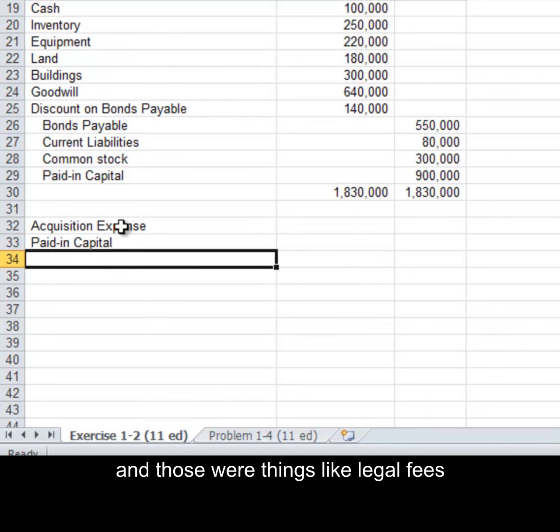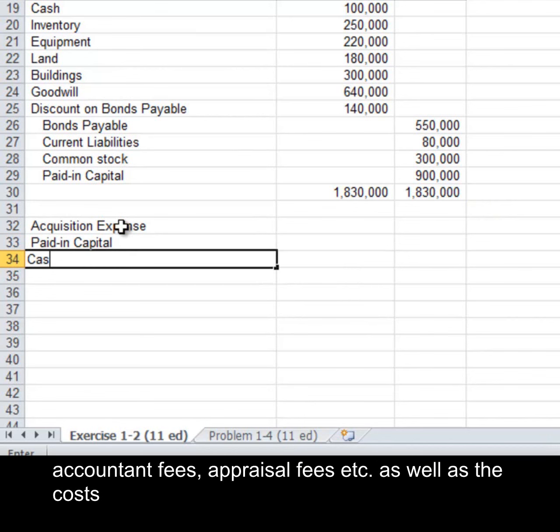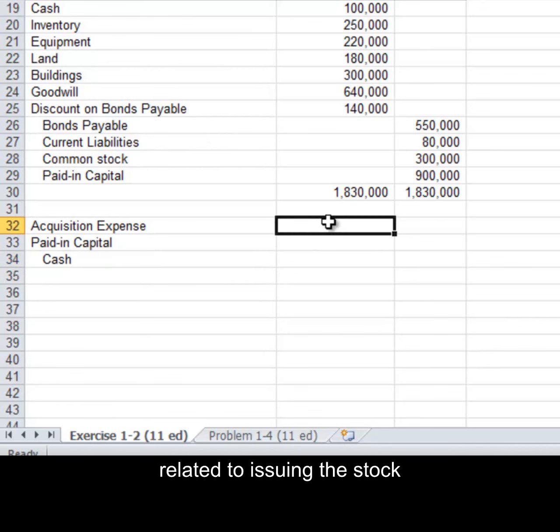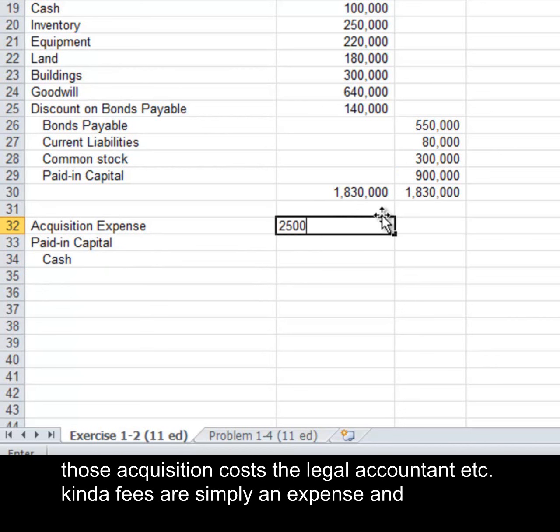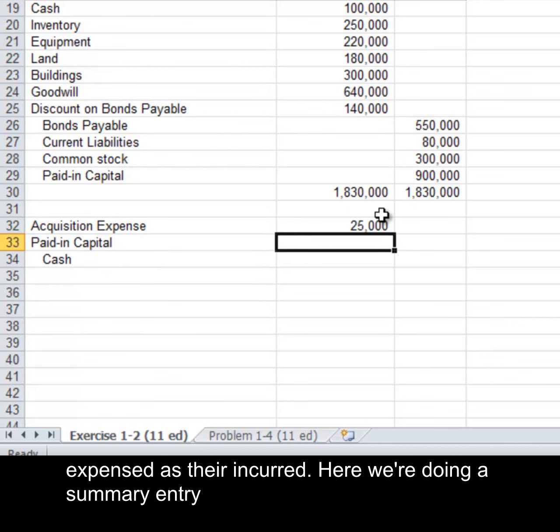Those were things like legal fees, accountant fees, appraisal fees, etc., as well as the costs related to issuing the stock. Those acquisition costs, the legal, accountant, etc. kind of fees, are simply expensed as they're incurred.